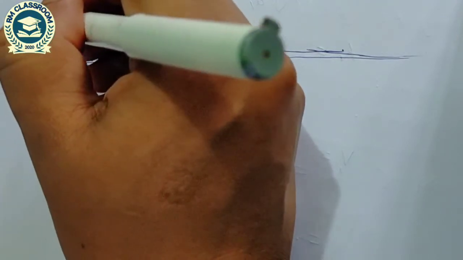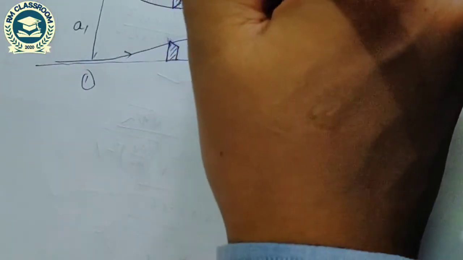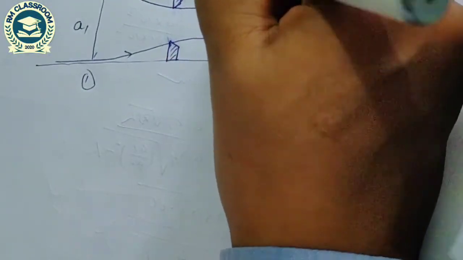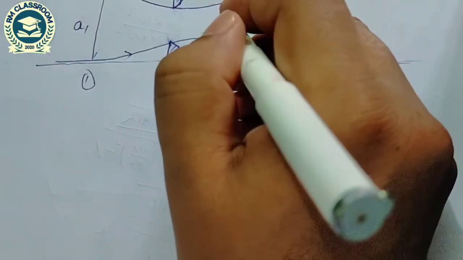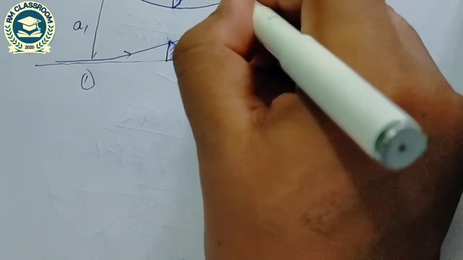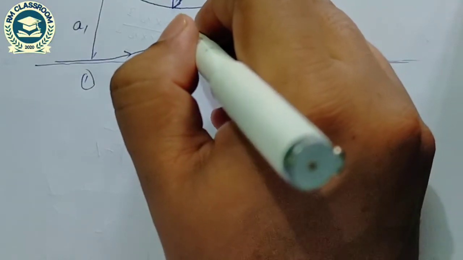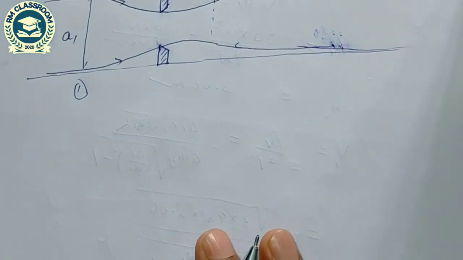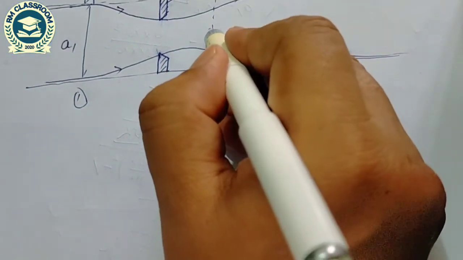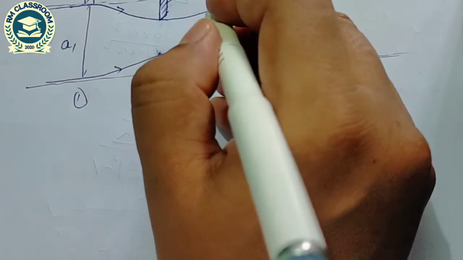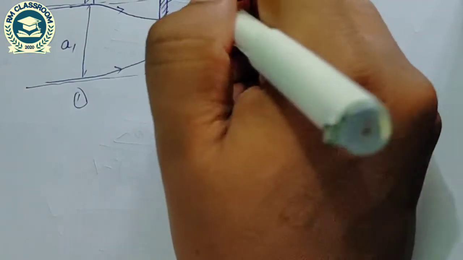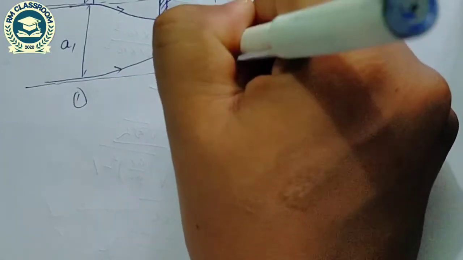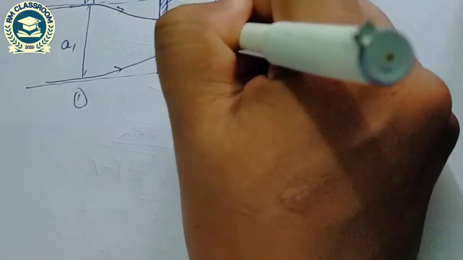Assume A1. A1 is the cross sectional area of section first, and this is our second cross sectional area, and this portion is the minimum, vena contracta.